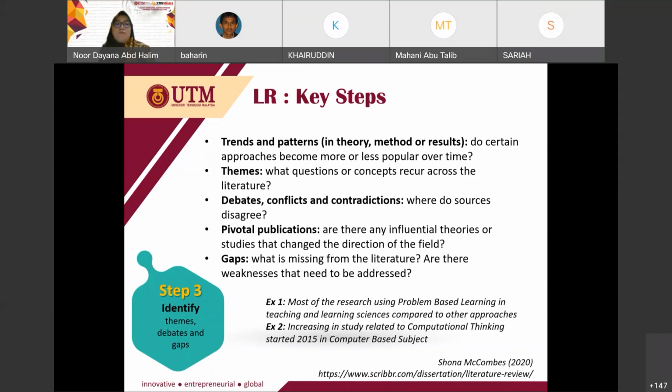Okay, however, starting from 2015, it tremendously shows that computational thinking is related to computer subjects. So this is the thing that you find out in your literature.